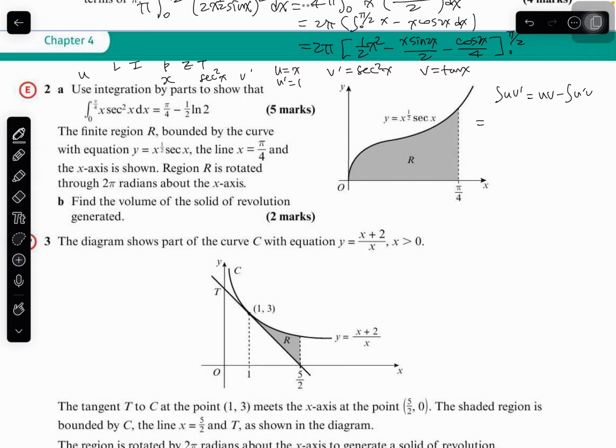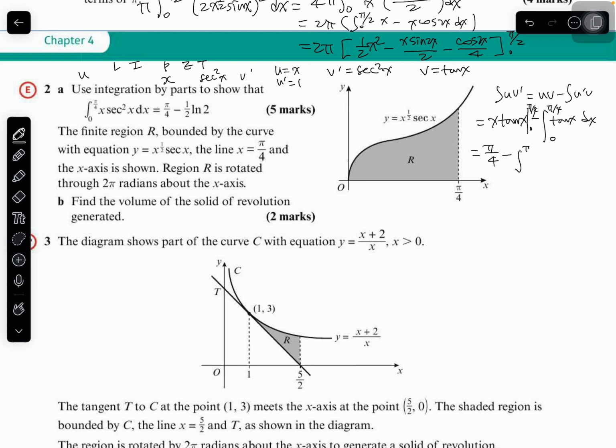So now we have u v, x tan x, minus integral u prime v, tan x dx, from 0 to pi over 4. Pi over 4 minus 0 minus tan x. Tan x, do we know this or do we need to?